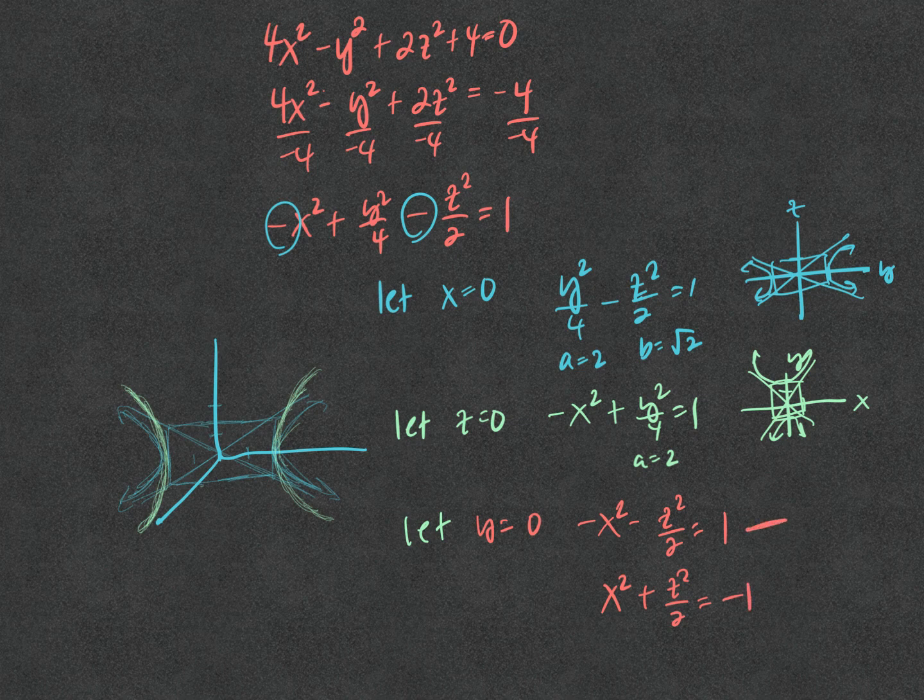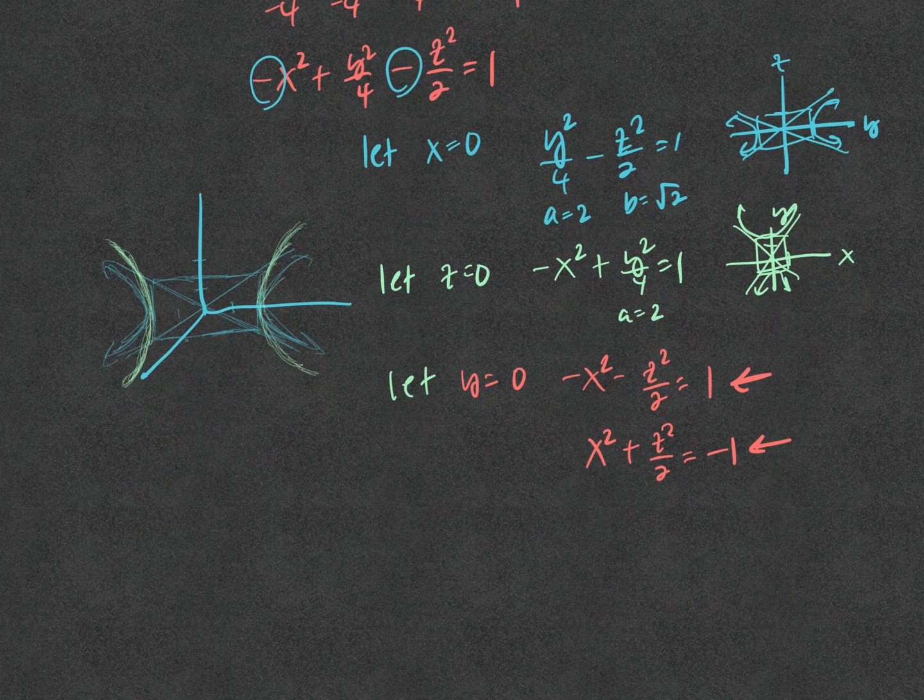In this first problem, you don't have a form for a quadratic because you have a negative on both. In the second one, you don't have a form for a quadratic because you have a negative 1. It's the same problem written two different ways. So what we need to do is we need to let y equal k. Then we have negative x squared plus k squared over 4 minus z squared over 2 equals 1.